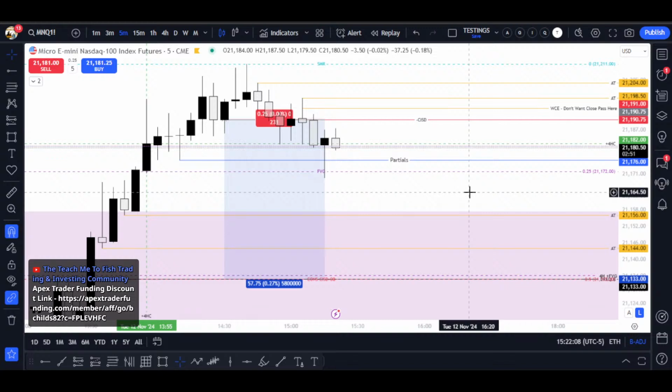A little less than 3 minutes left on that candle, the current candle.